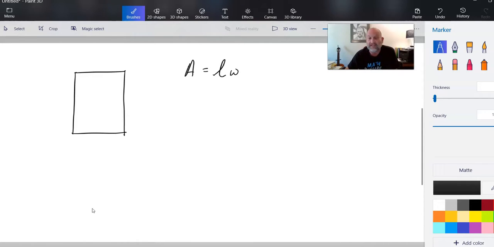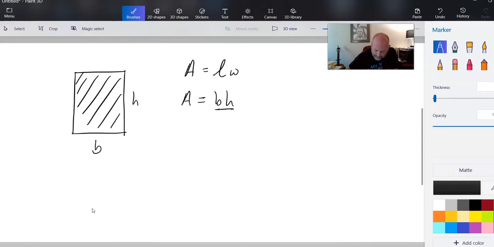But because we're going to be doing this on a coordinate plane with x and y coordinates, it's more useful to think of the area as the base times the height. So this lower side I'm going to call the base and the upper side I'm going to call the height. Finding the area of this rectangle is just multiplying the base times the height. Okay, so that's the straightforward part of this.